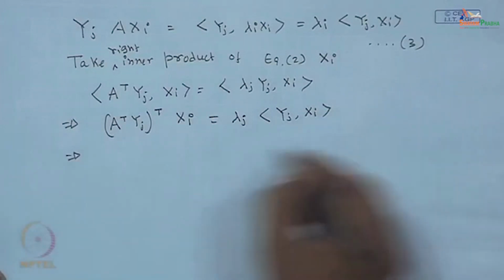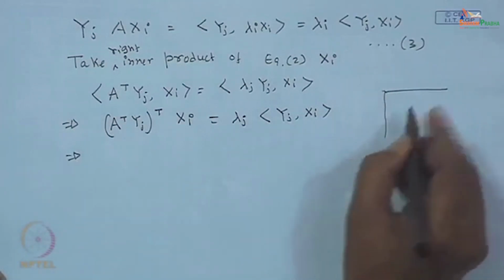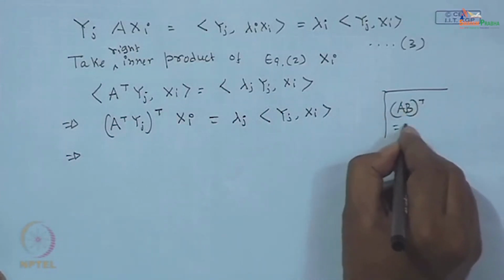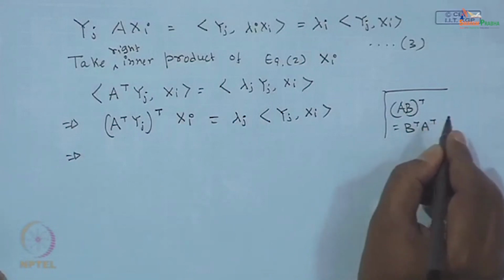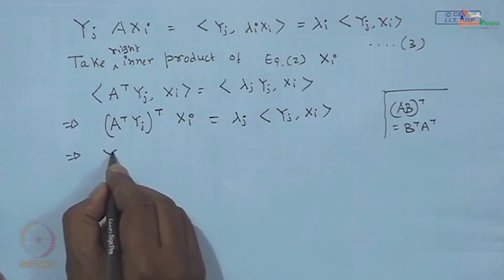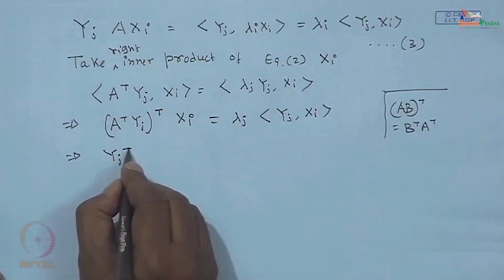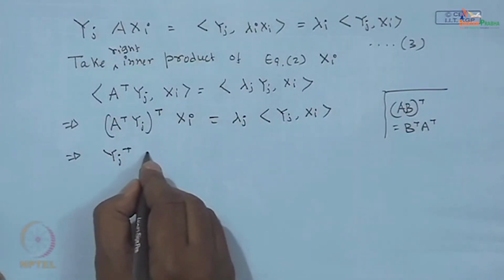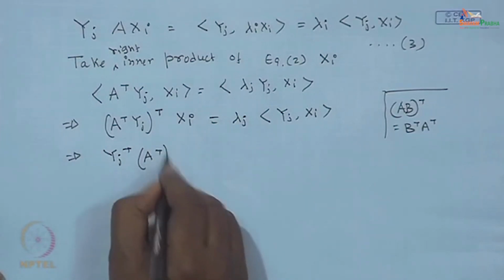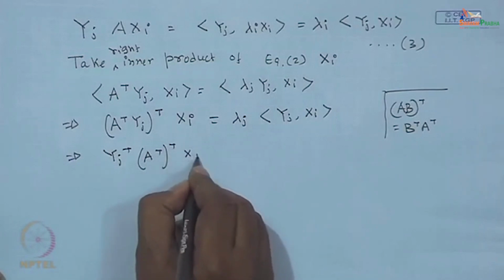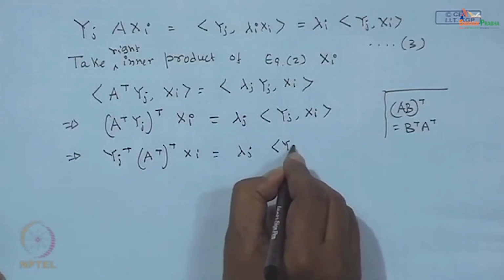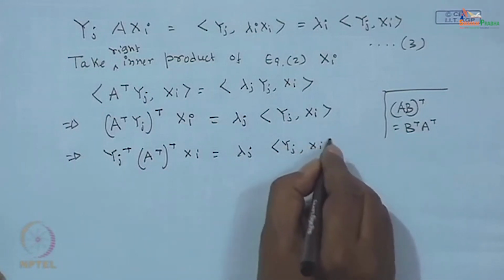Now, we invoke the property of matrix operation, that (AB) transpose is nothing but B transpose A transpose. Invoking this property, what we will be getting is y_j transpose A x_i equal to lambda_j times the inner product of y_j and x_i.